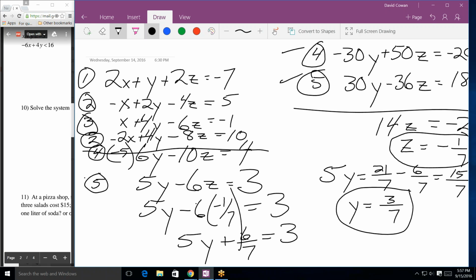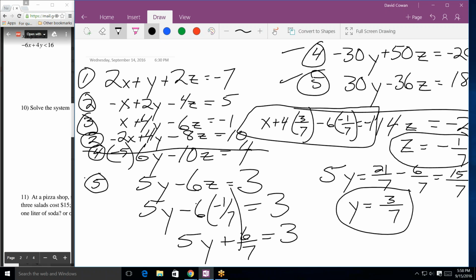So to solve for x, I've got x plus 4 times y, which is 3/7, minus 6 times z, which is minus 1/7, and I definitely recommend you do it this way. In other words, don't try to do any of this in your head. Always spell it out first so you don't make mistakes. And now I just have one equation and one variable, right?